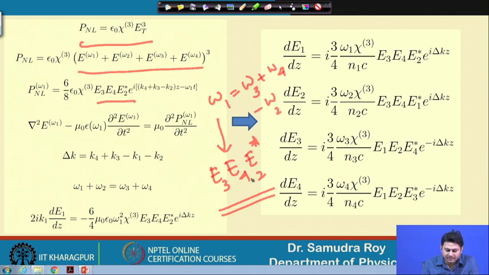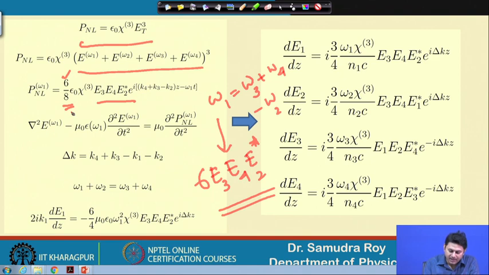Since these three fields are distinct, we will have a factor of 6 as a degeneracy factor. So, this 6 is sitting here. We are making a cube of the whole field, and according to our definition each field had a half, so a 1 by 8 term will come because I am making a cube. The exponential term should be there also.